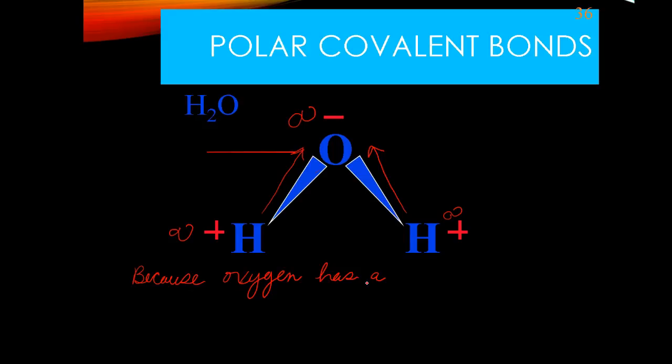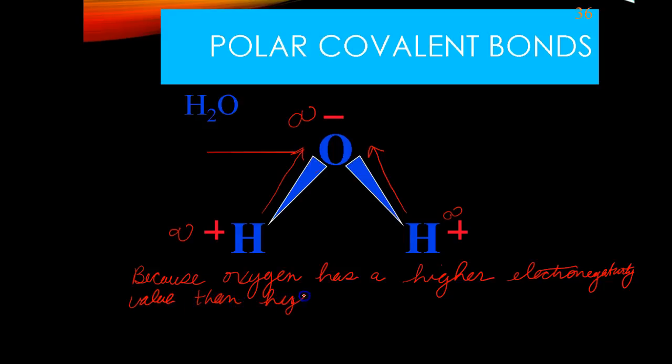We said if we move from left to right, we increase in electronegativity values. So oxygen has a higher electronegativity value than hydrogen.